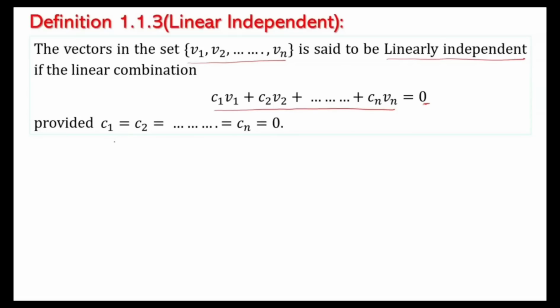If it is 0 only when all the entries c1, c2, up to cn are 0, where these are the number 0 and this is the vector 0v, then we say that this set is linearly independent.